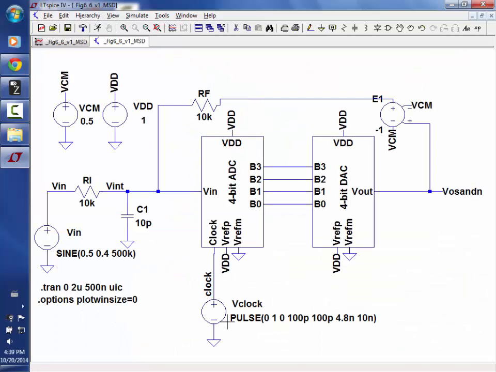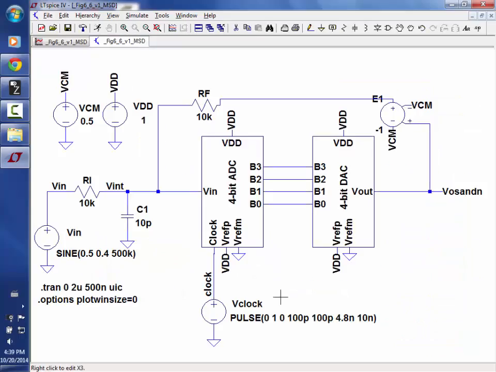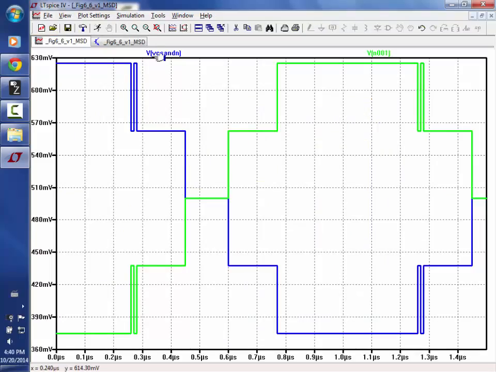So I must have done some other problem. Let me just make sure there's no issue with converting to 2's complement or anything like that here, right? No, the output should track the input.